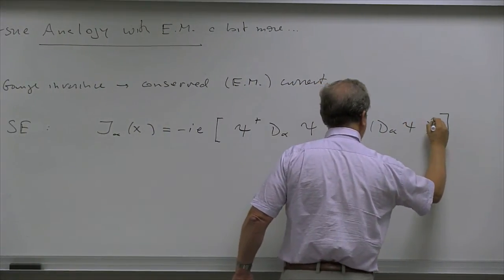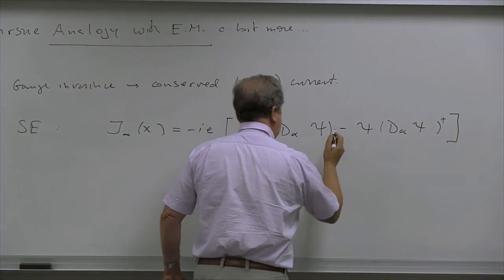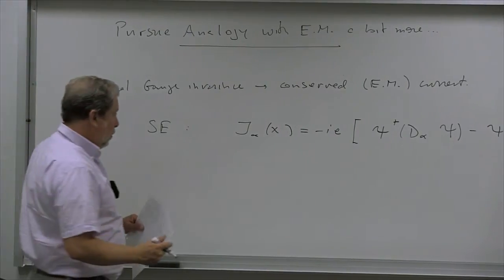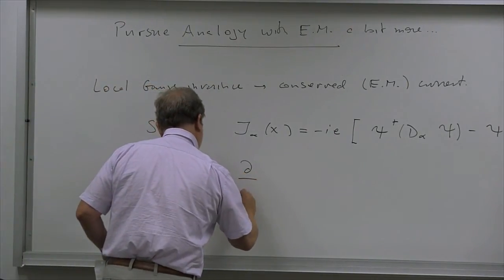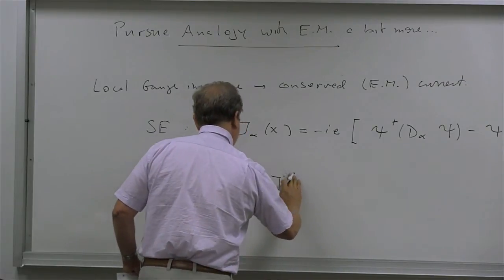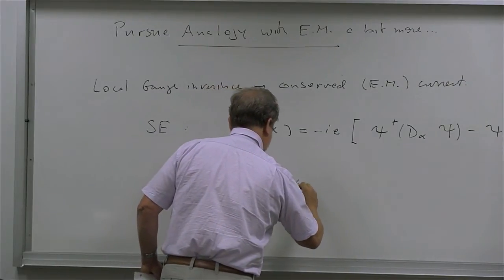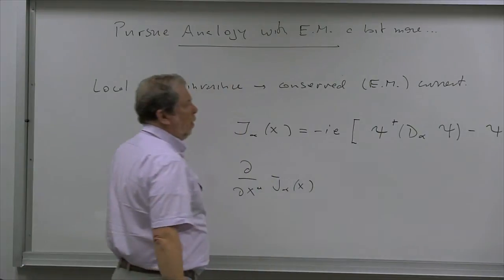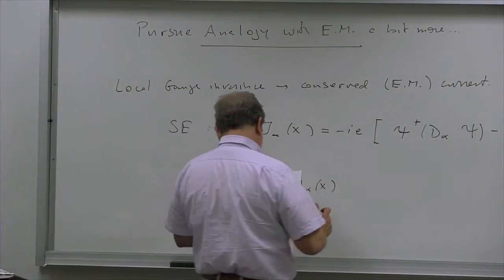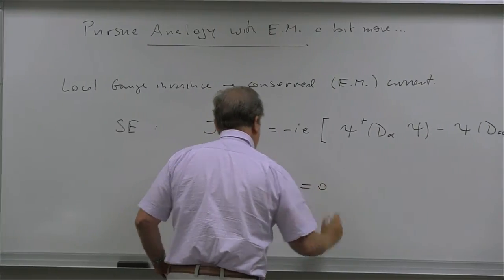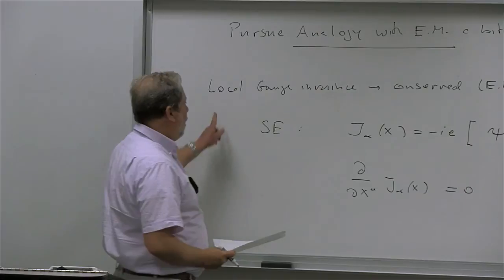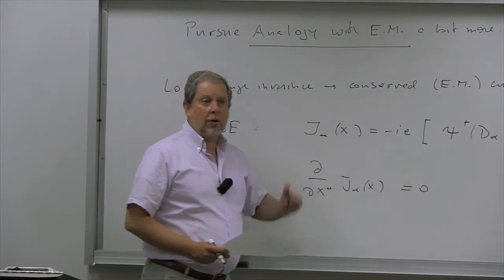Actually, it's the dagger of the whole thing. So this expression here. And you can now calculate d by dx alpha of it. I'll leave that as an exercise. And this is identically 0. Identically 0. So whenever you have a local invariance, then you have a conserved current.